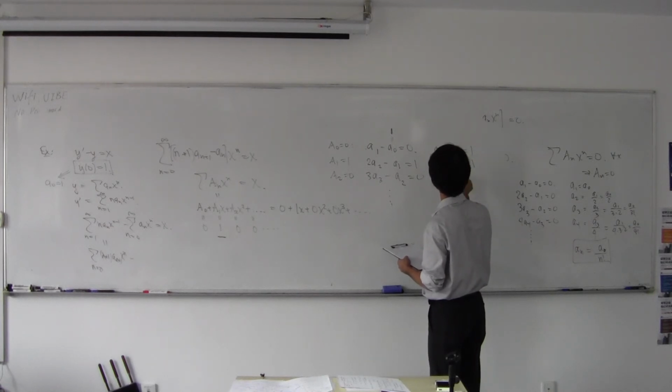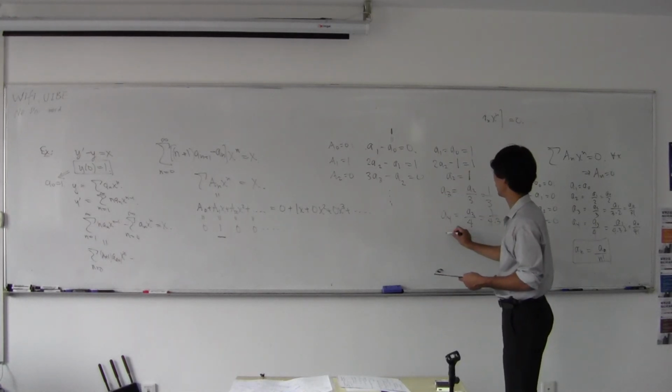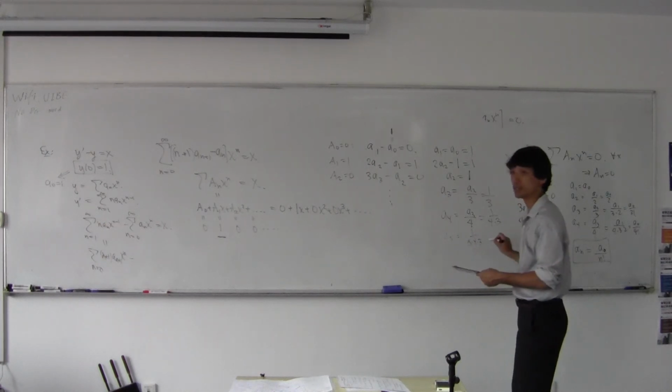So a2 is 1, right? a3 is a2 over 3, that's 1 over 3, right? a4 is a3 over 4, that's 1 over 4 times 3, right? a5 is 1 over 5 times 4 times 3, etc., etc.